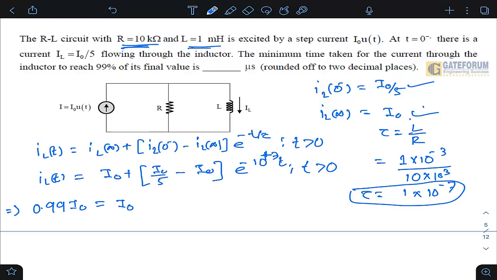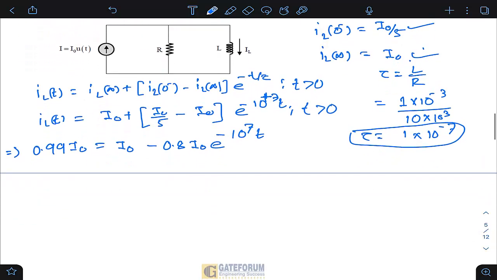And how much is this, students? This is 0.2 and this is minus 1. 0.2 minus 1 is minus 0.8. So I0 minus 0.8 I0 into e raised to power, how much? Minus of 10 raised to power 7t, isn't it?